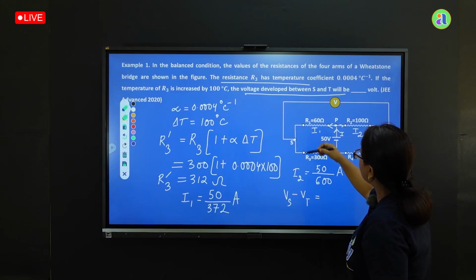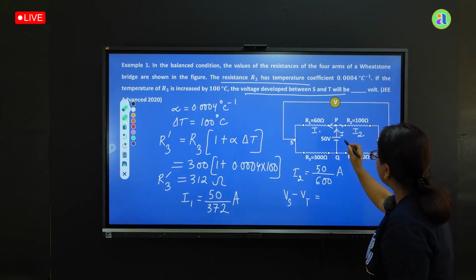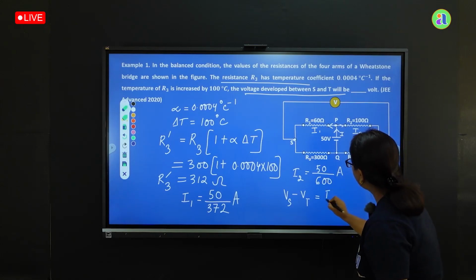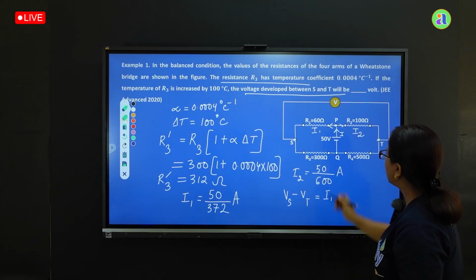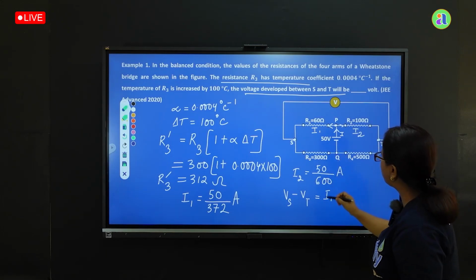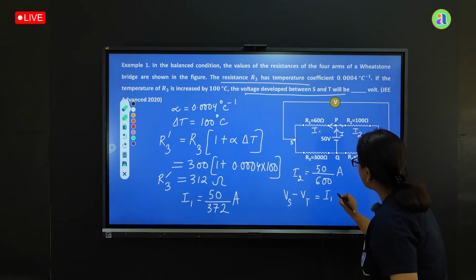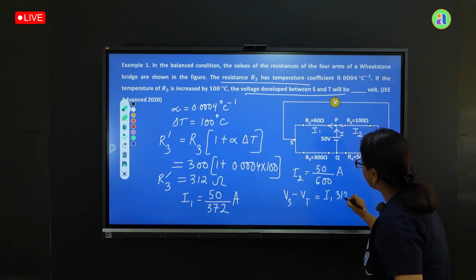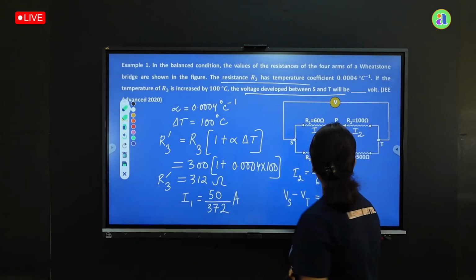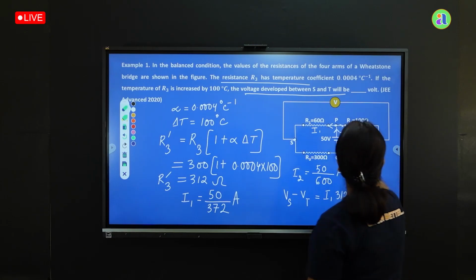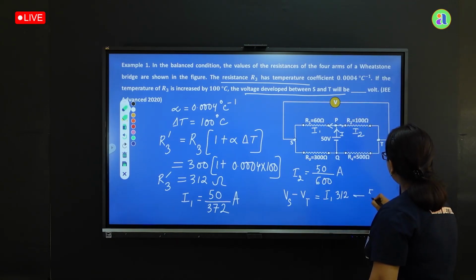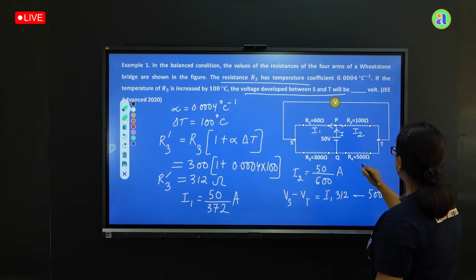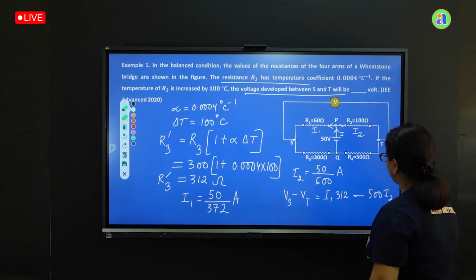So if you are considering this particular portion, then the potential drop across this portion is given by I1, that's the current in this part, times the resistance here, which is 312, and minus, for this part the potential drop is nothing but 500 times the current in this part of the circuit, I2.